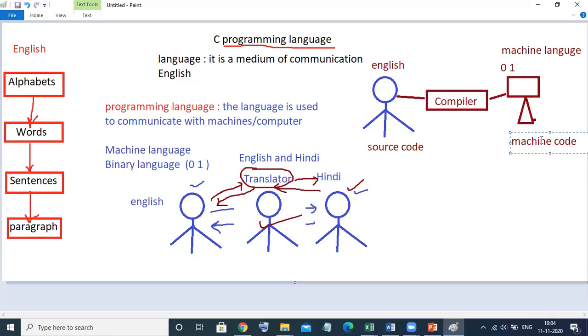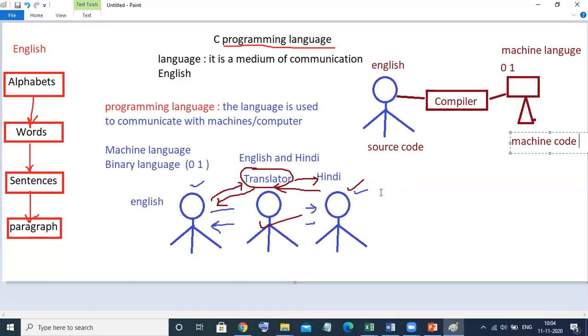We write the source code, which is sent to the translator, the compiler. The compiler converts the whole thing into machine level language and produces the result back to the programmer. So this is how we communicate with the machine, and the compiler is responsible for converting our language into machine language, as we have seen in this scene.